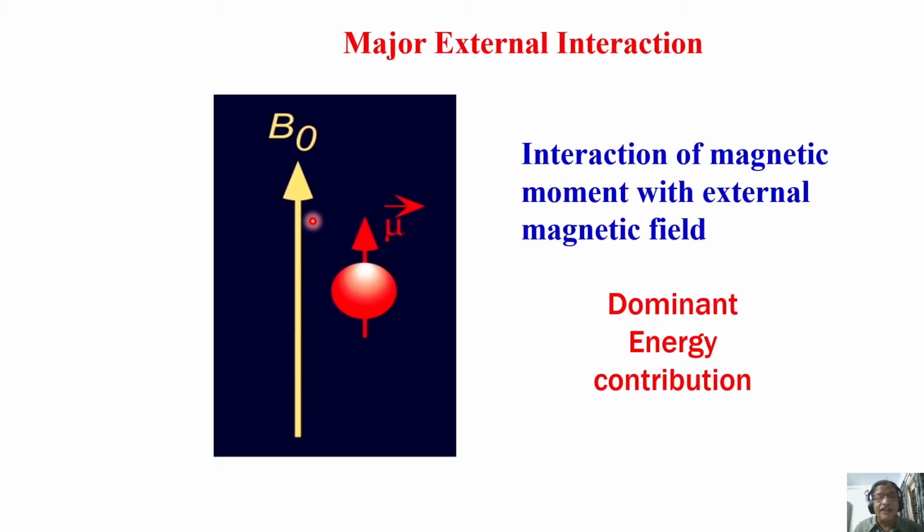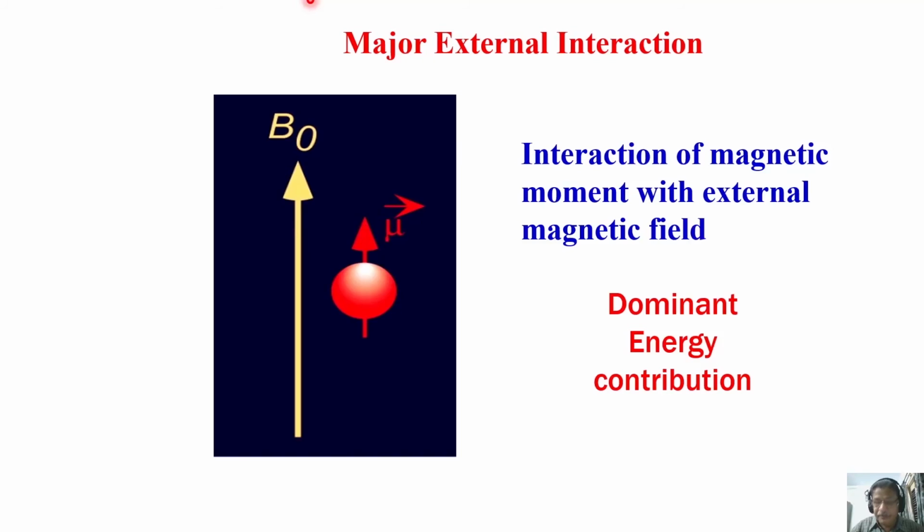You remember, we calculated the energy in one of the previous classes, and even the frequency. The energy separation is so large that the frequency is of the order of a few hundreds of megahertz. Then what about other interactions? Radio frequency interaction is very small. Among the internal and external interactions, this external interaction is dominant.